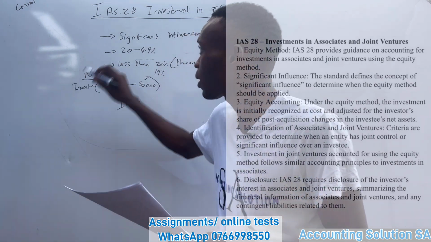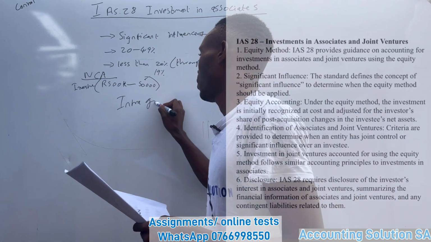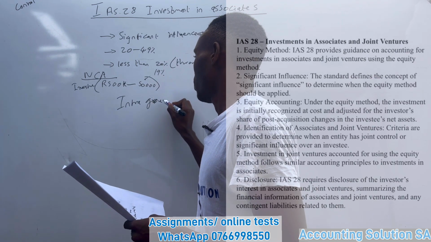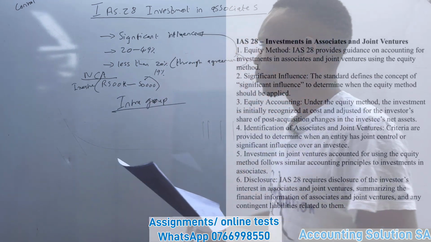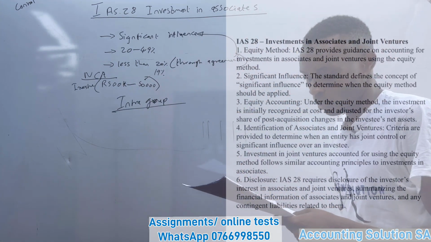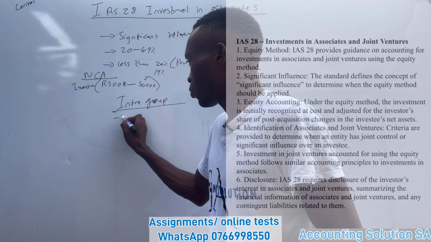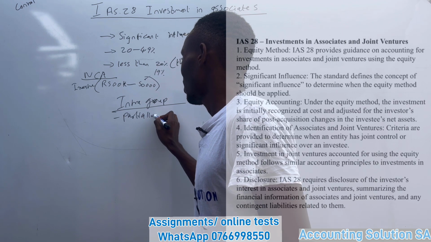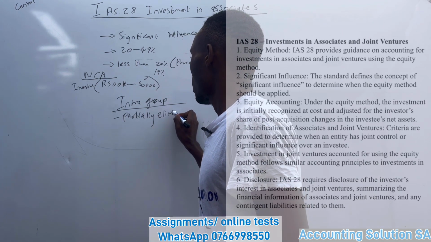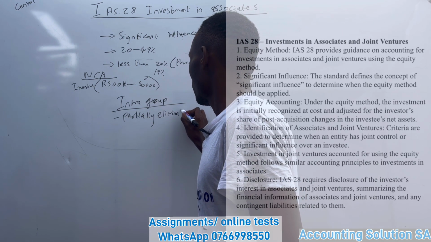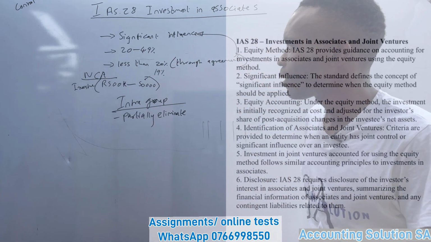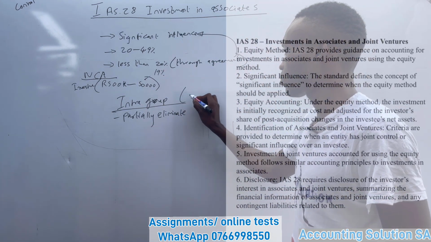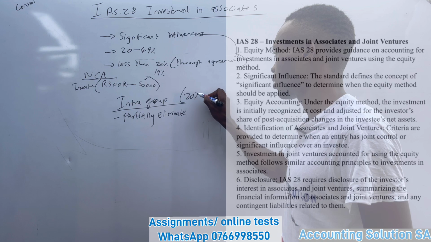How do we treat them under IAS 28? This is what we need to do: we must partially eliminate. When we say partially eliminate, for example, let's say we own 20%.